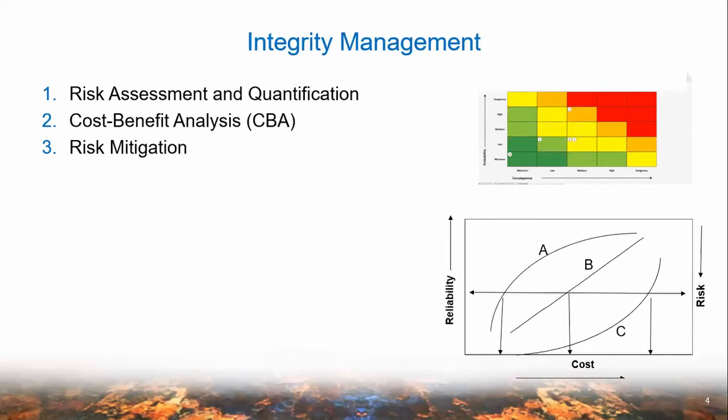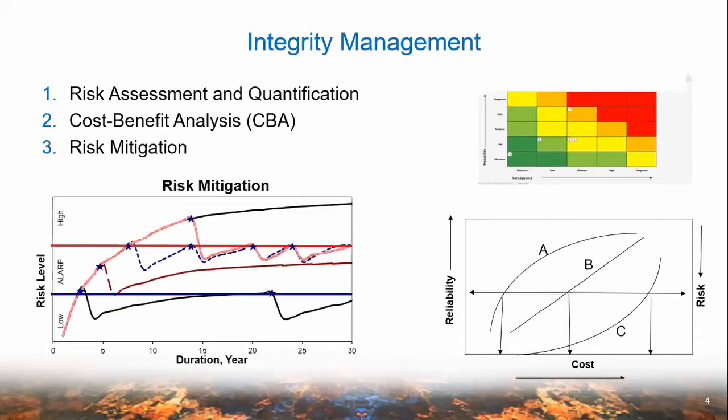Once we establish a budget, we undertake risk mitigation activities, which may be repair or replacement or implementation of other corrosion or risk control strategies. Again, if we implemented the mitigation activities earlier, the benefits are higher.